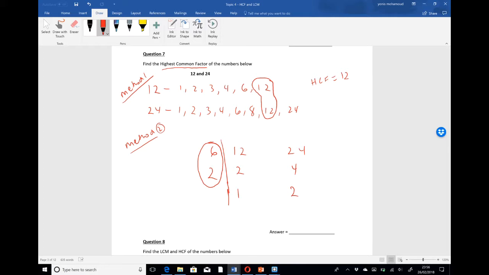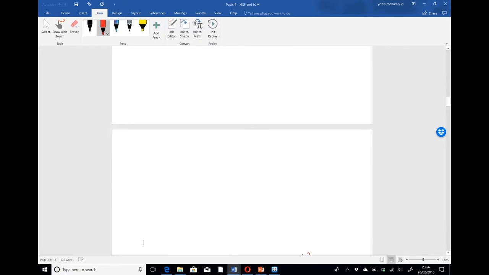In this case, we multiply 6 and 2, which gives us 12. So the highest common factor is 12. All right, and surprisingly, there's also a method number 3.